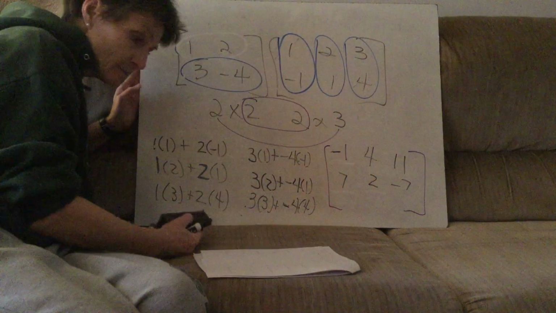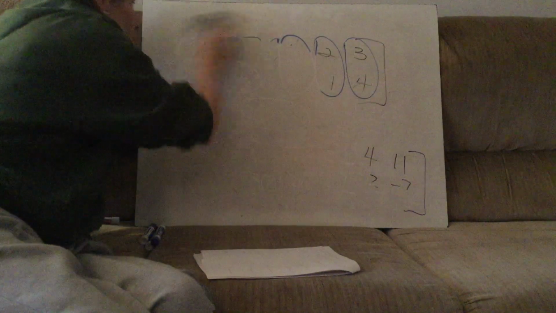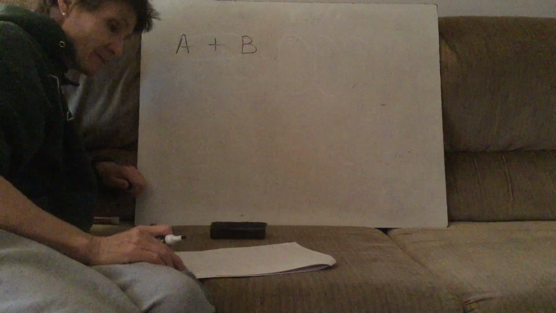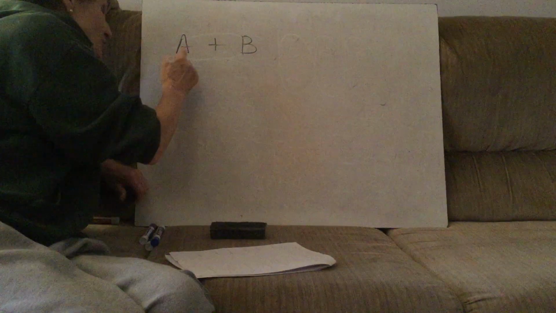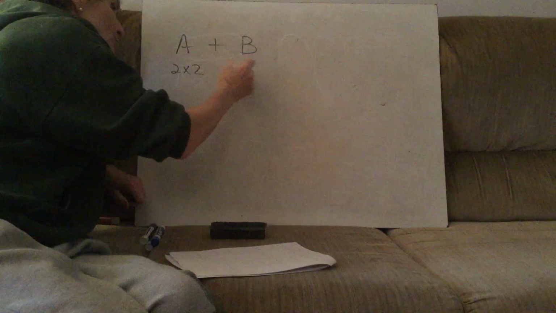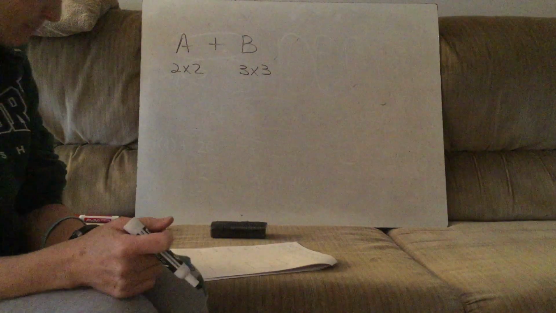Okay, what's next? Next, we have A plus B. Now, I'm not going to write these out because hopefully you've noticed the dimensions of A are 2 by 2. The dimensions of B are 3 by 3. Can these guys be added?